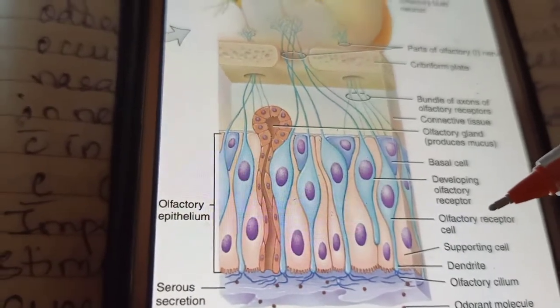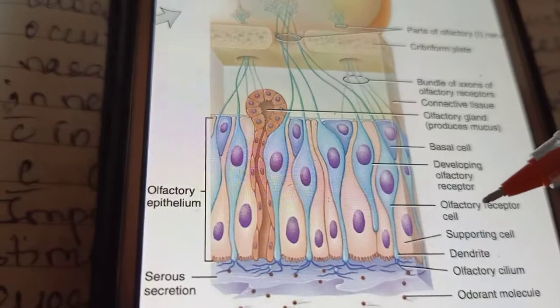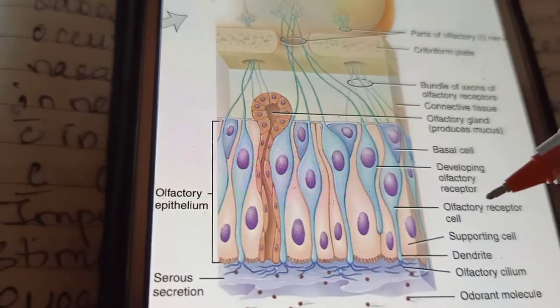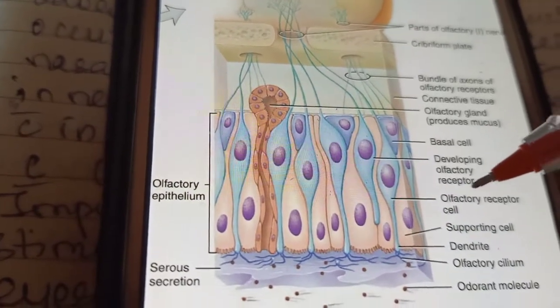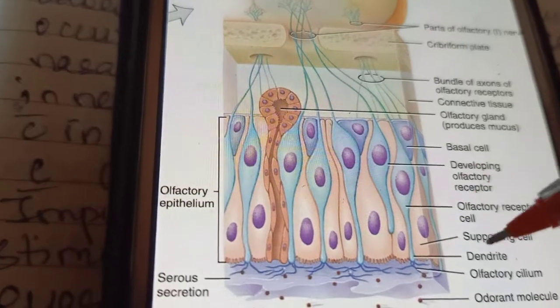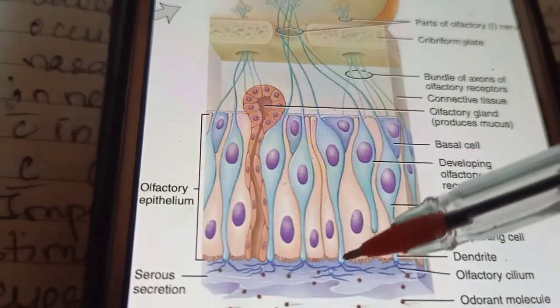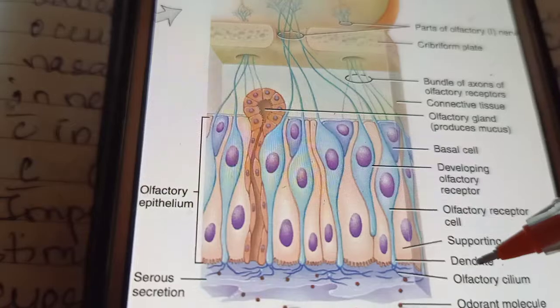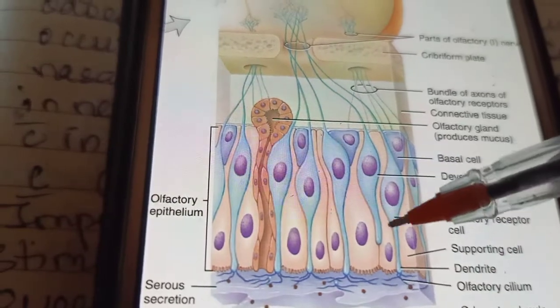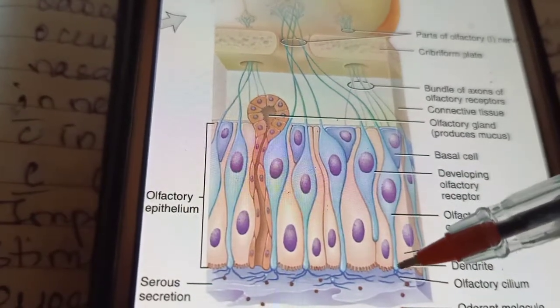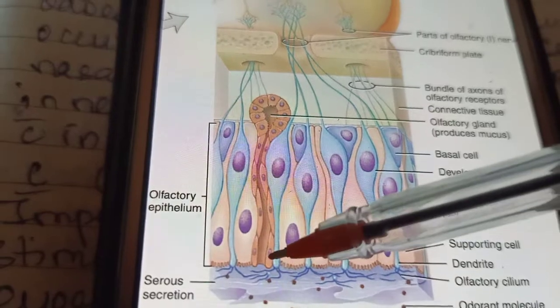You know there are unipolar and bipolar neurons. This is a bipolar neuron with an exposed knob-shaped dendrite. You can see these are the dendrites of the olfactory receptor cells, knob-shaped like a swollen part.